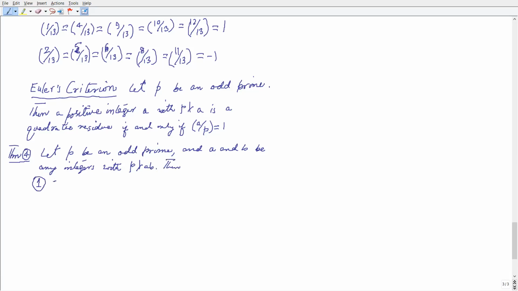1. If A is congruent to B modulo P, then the Legendre symbol of A is equal to the Legendre symbol of B. Number 2.